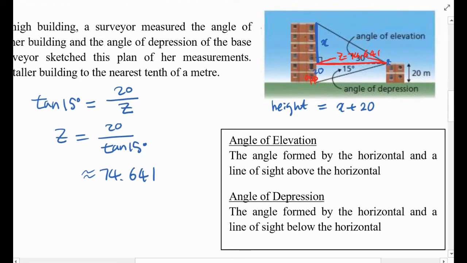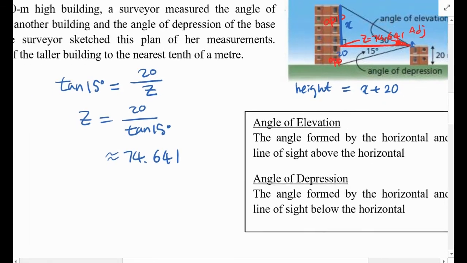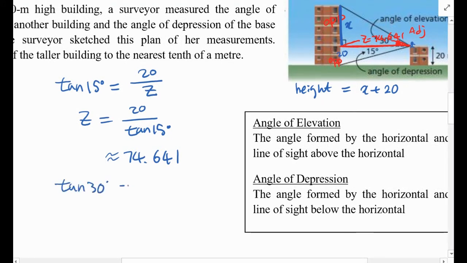Okay, x is the opposite. If you use the 30-degree angle here, x is the opposite and z is adjacent. Right? So opposite over adjacent again: tangent 30 is opposite over adjacent, which is z, 74.641.